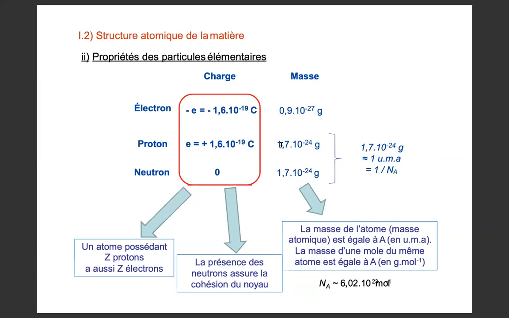The proton is 1.7 times 10 to the power -24 grams, and the mass of the neutron is 1.7 times 10 to the power -24 grams. So in kgs, this becomes 1.7 times 10 to the power -27 kgs, and 1.7 times 10 to the power -27 kgs.